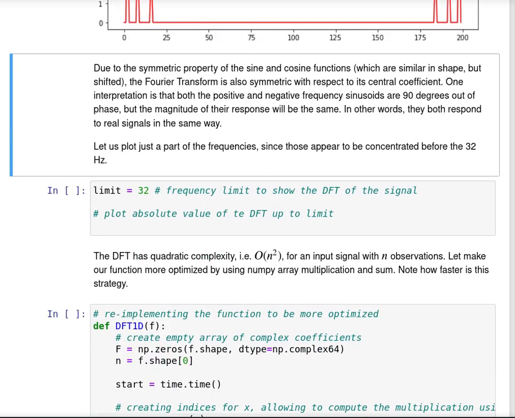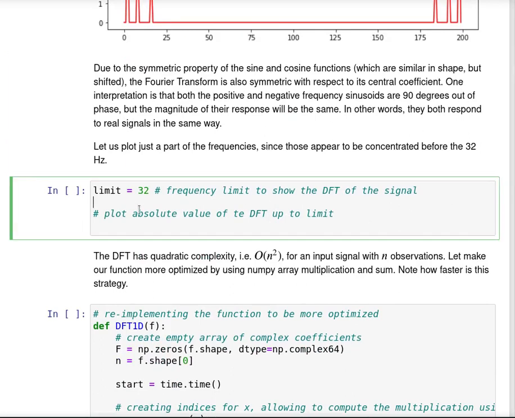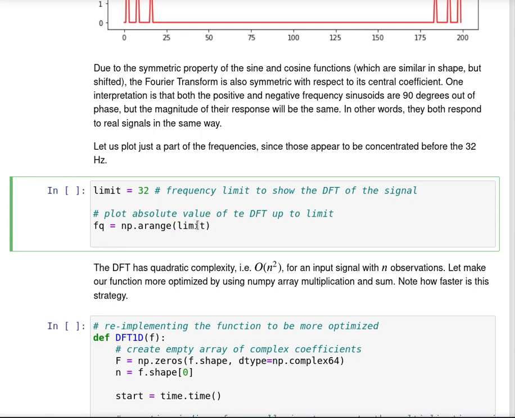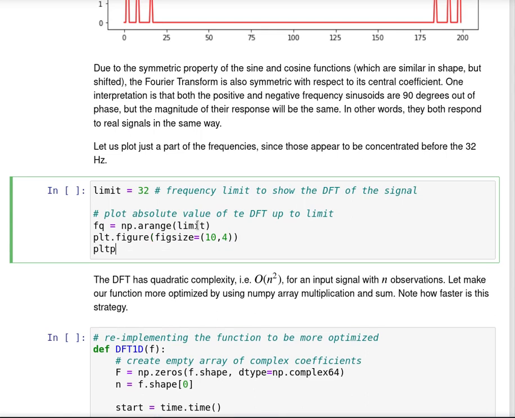So because of that, I'm going to show just a limited portion of the frequencies. Let us just create a limited frequency range, and then plot it again.